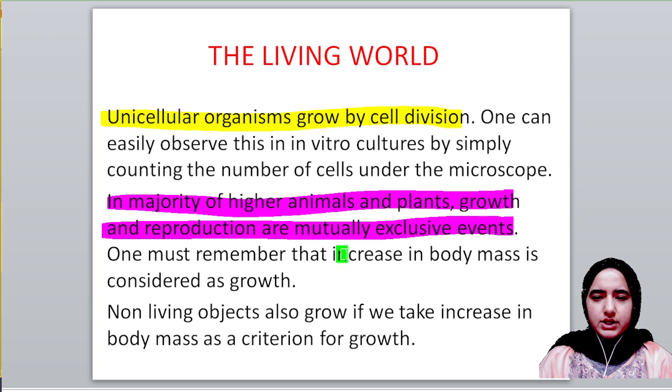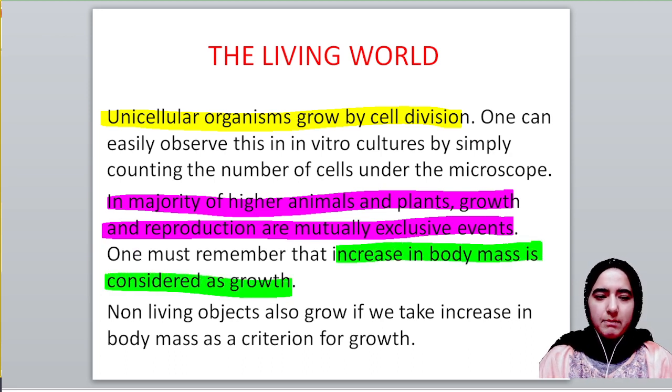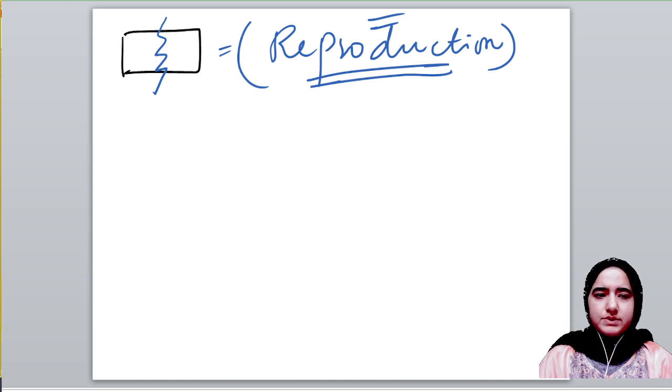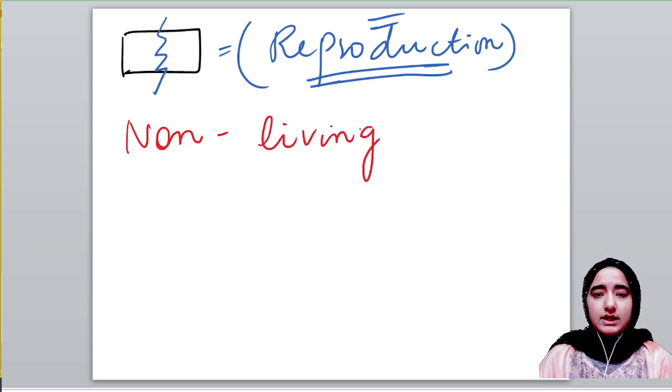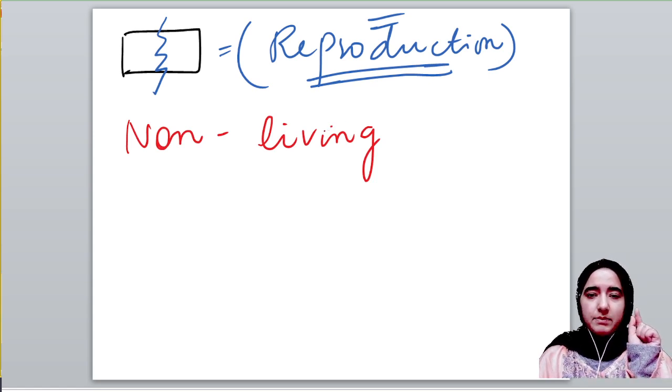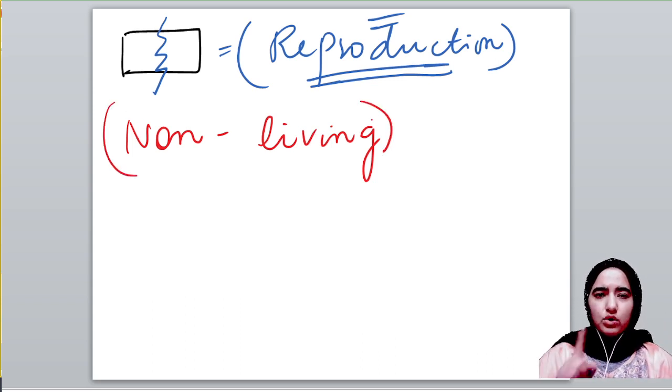As I already mentioned, increase in body mass is also considered as growth. But if we talk about non-living objects, we have to decide now: is this a characteristic feature or a defining feature? Till now we saw that growth takes place in living organisms, be they unicellular or multicellular, simplest or complex, or plants. But no non-living object grows in height.